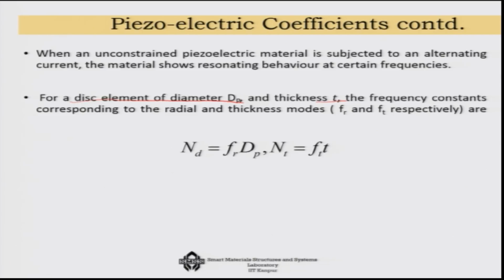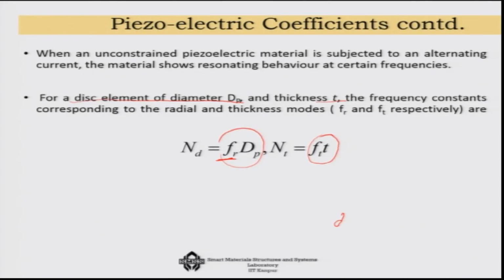Now, if I know this radial resonating frequency, the product of that with the diameter gives us one constant, and the thickness-wise frequency multiplied by the thickness gives me another frequency constant. So, essentially these two frequency constants tell us that for a particular diameter or thickness, the higher the Nd or the higher the Nt, the higher will be the resonating frequency of the system.